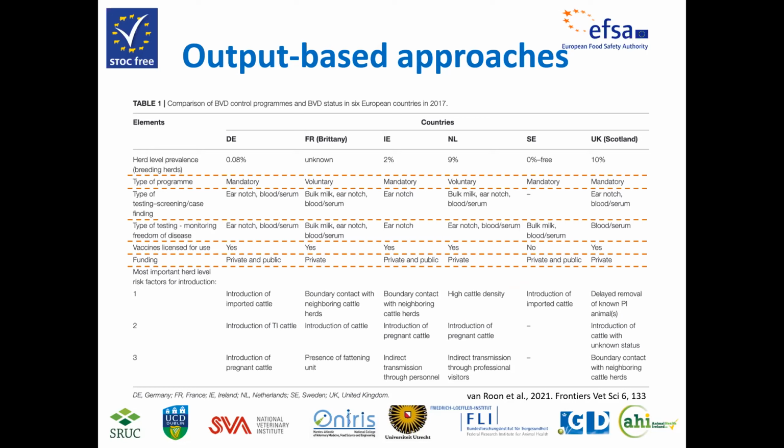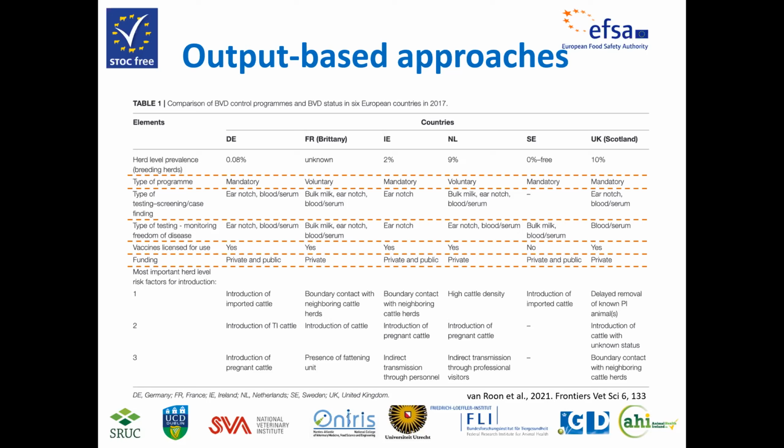So as you can see from this table, there's multiple differences between these six European countries in terms of the design of the eradication program for BVD, in terms of the current herd level prevalence, the type of program, whether it's mandatory or voluntary, the methods used both for case finding and also building confidence of freedom.